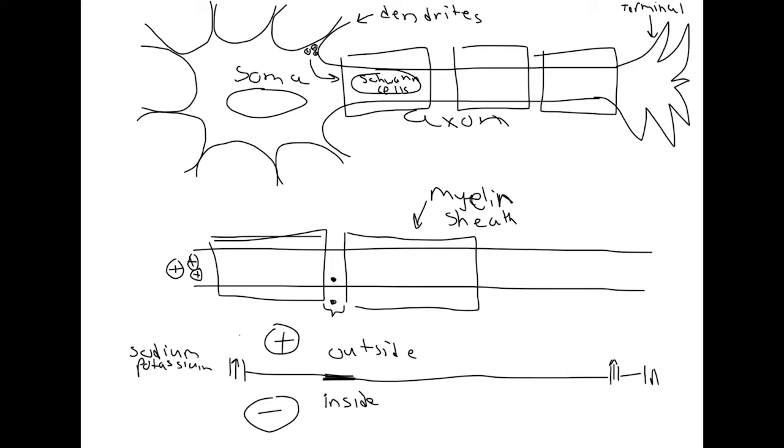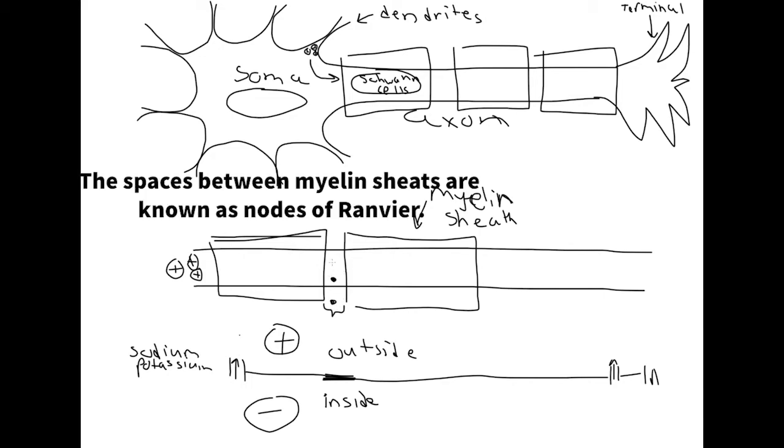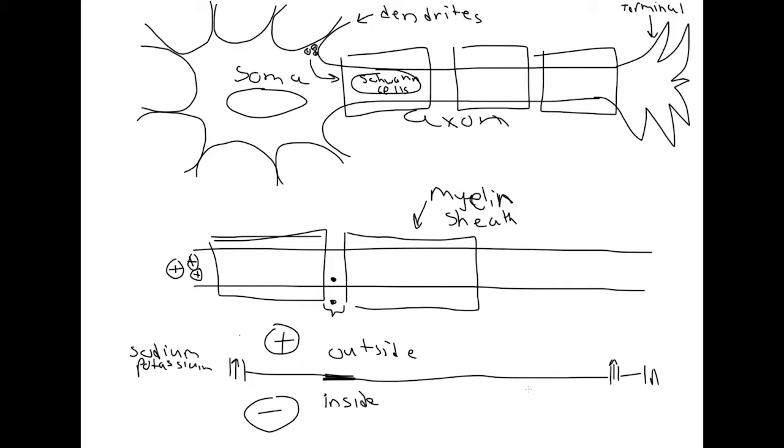So at these junctions, in order to restore the energy of the signal, this positive charge is going to come back into the cell, into the axon. So it's going to go back into the axon, and it's going to restore the charge that it was once there.